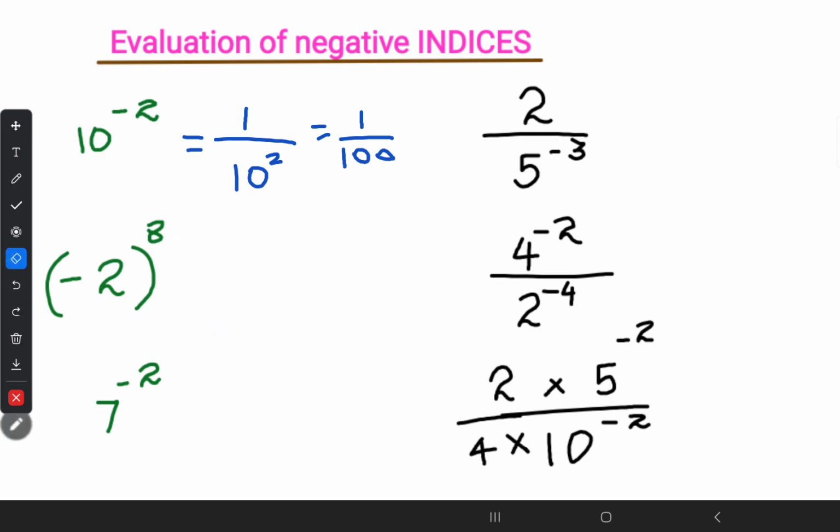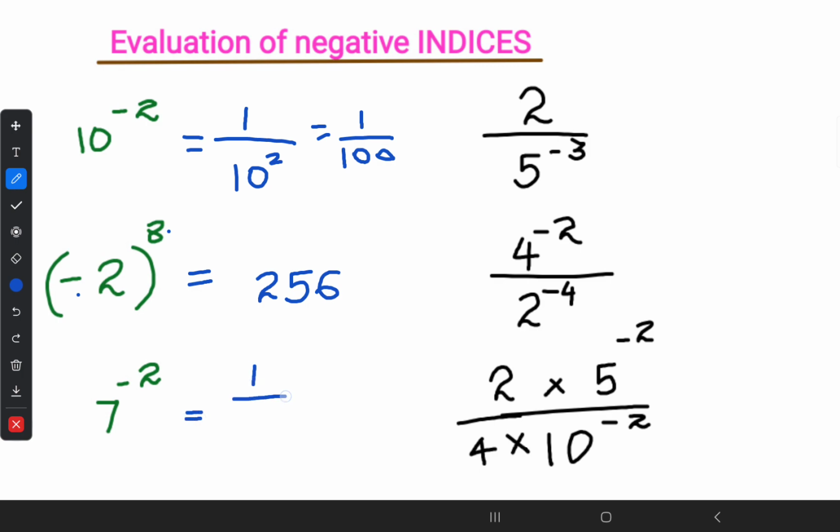Look at this. Negative 2 has a positive power. So that means there is no need to convert the indices. So 2 with the power of 8 means it will become 256. Negative base with even power, so it would be positive. Positive 256 would be the final answer.